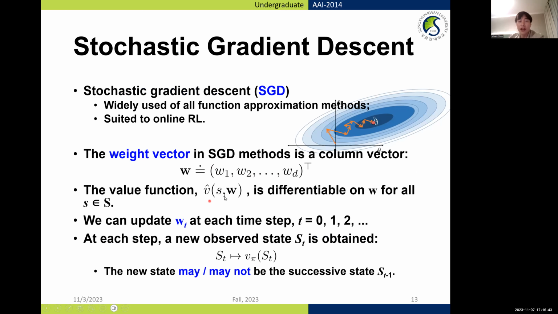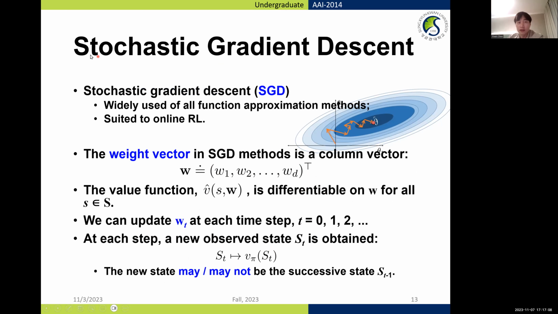So the state value V(s) is differentiable. There are several conditions for using SGD. The function needs to be differentiable, because it should be continuous. We can update WT at each time step. Every time we do the derivative, at each step, a new observed state ST is obtained.